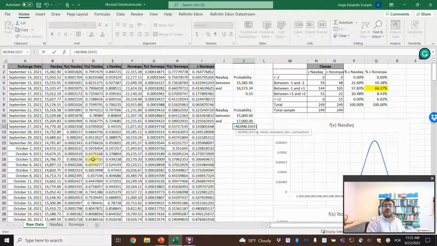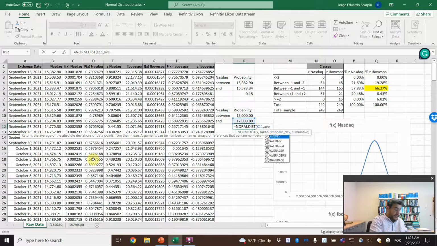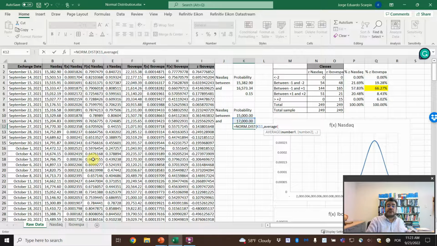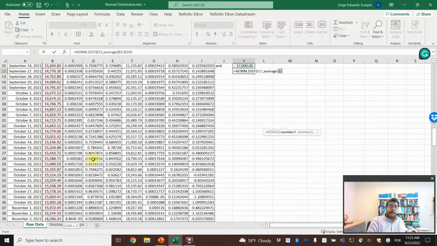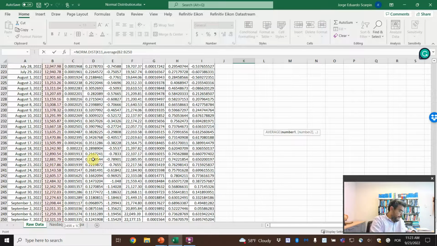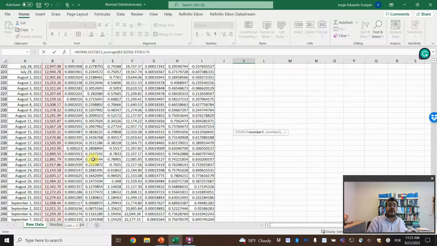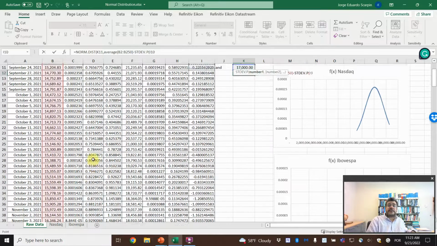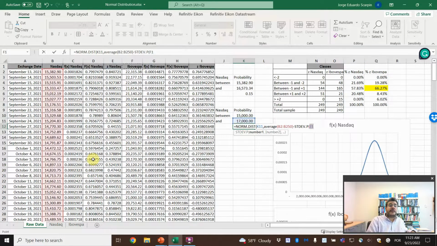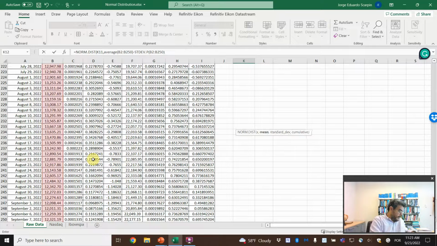So equal normal distribution. So first, the highest one, K11, and then the average of NASDAQ minus the standard deviation of the same NASDAQ and true.